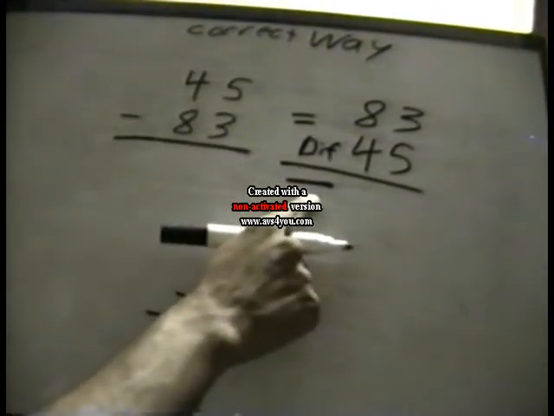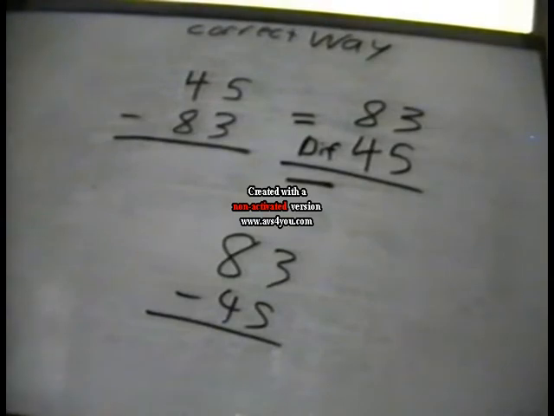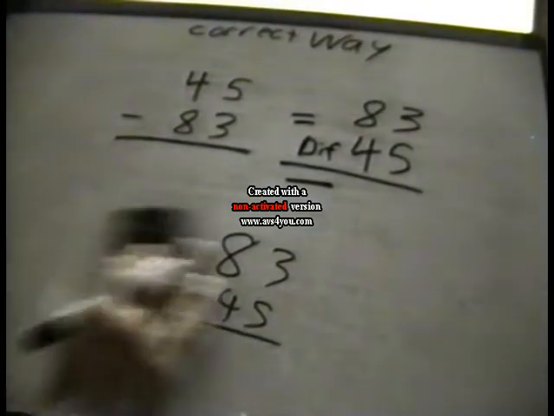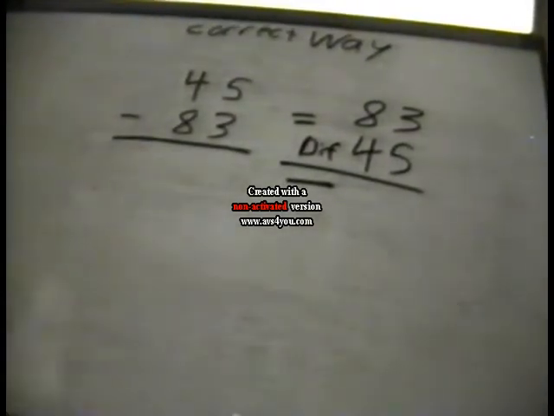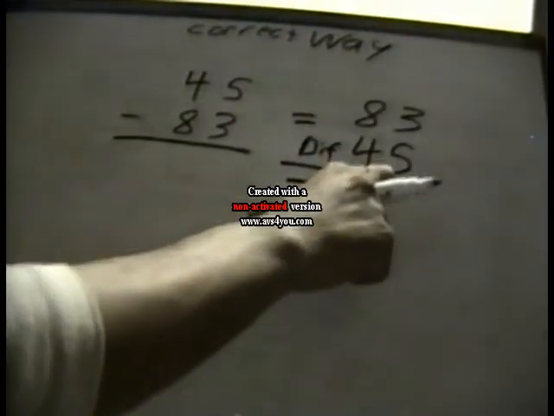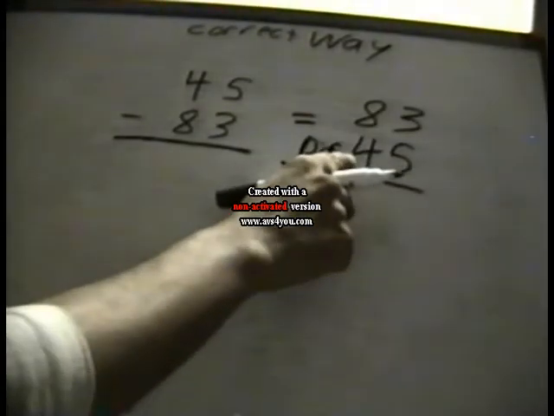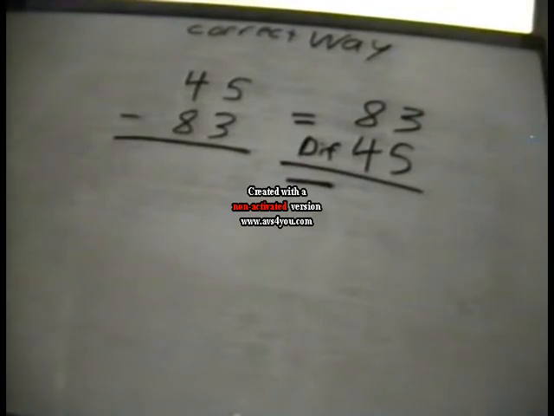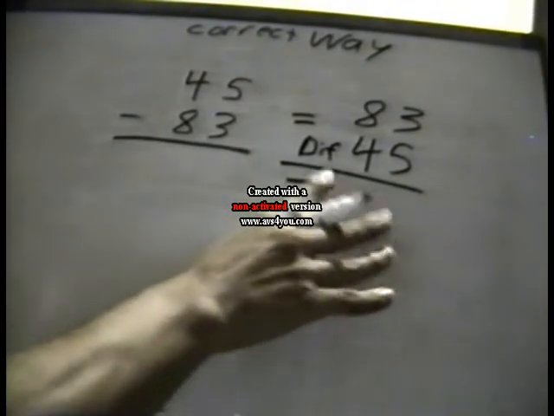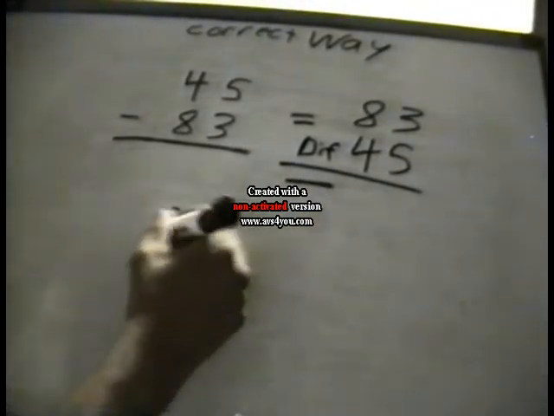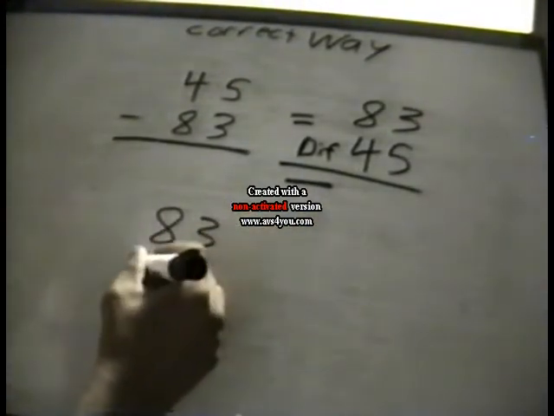So here we want to find the difference between the two numbers and give the result a negative sign. So that's how you do it. Now here you just complete the subtraction. You treat this as a subtraction. Okay?